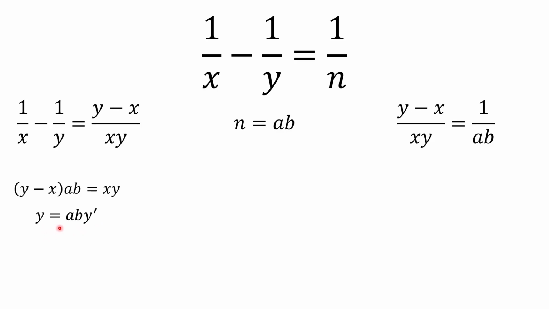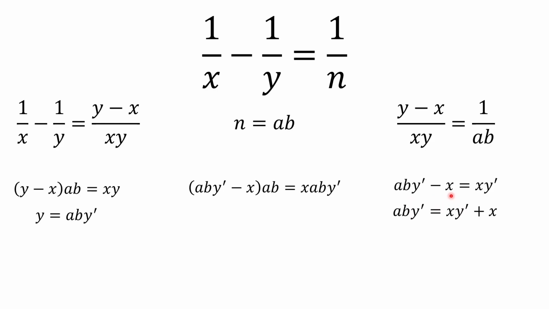Okay, so I assume y is equal to ab multiplied by y prime. In this case, we just replace y with ab y prime, so ab y prime minus x times ab is equal to x times ab y prime. ab with ab simplifies and we get to this equation. Now we can move the x to the other side, and we can factorize x. But we know that y prime and y prime plus 1 are prime with respect to each other, so they don't have any common divisors.